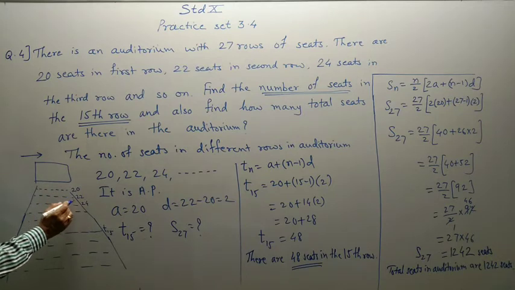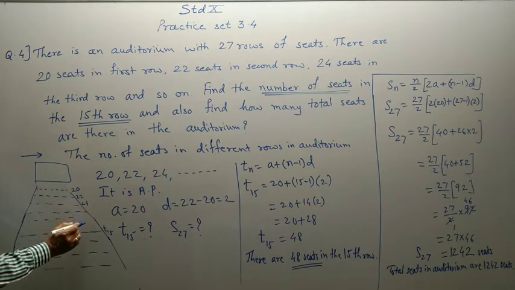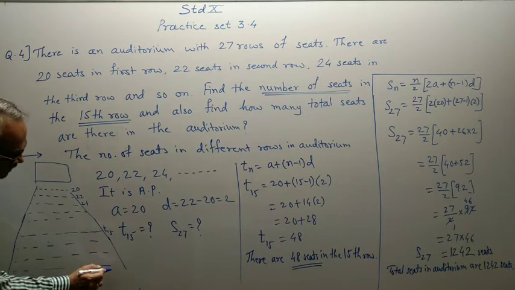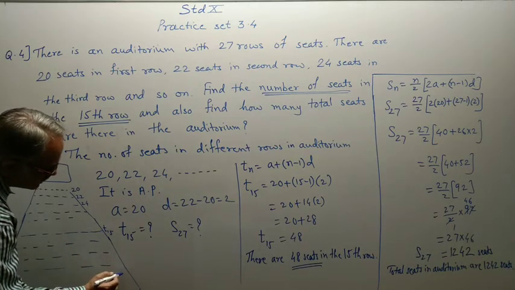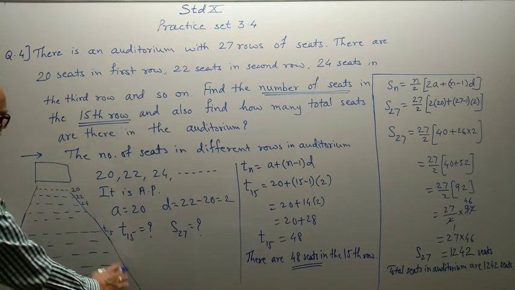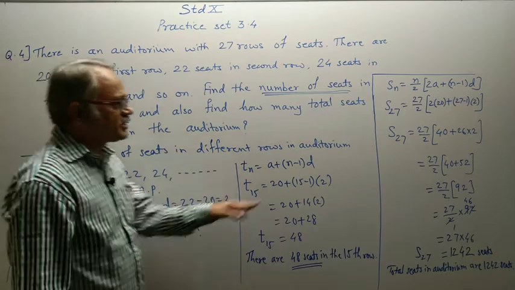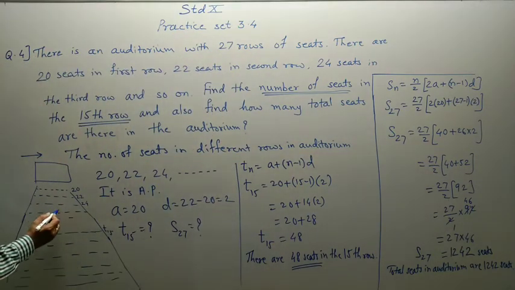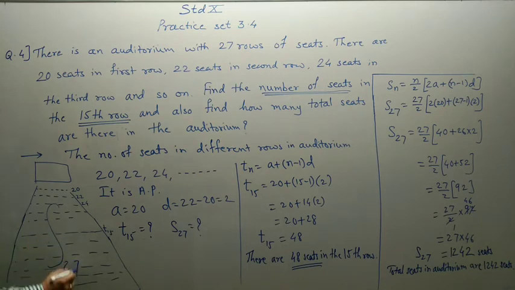This is first, second, third, fourth, fifth, sixth, seventh, eighth, ninth, 10th, 11th, 12th, 13th, 14th, 15th, 16th, 17th, 18th, 19th, 20th, and so on. Such 27 lines are there. All these seats, total seats S27. I hope at least now all of you understood it. S27 we have to find means we have to find sum of all the seats, first row, second row up to 27th row.